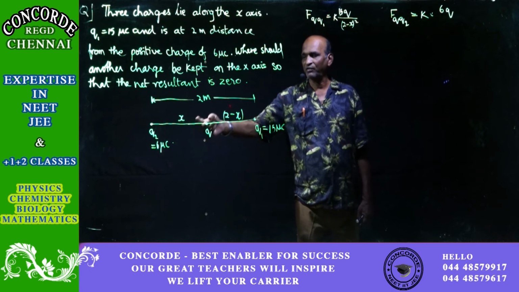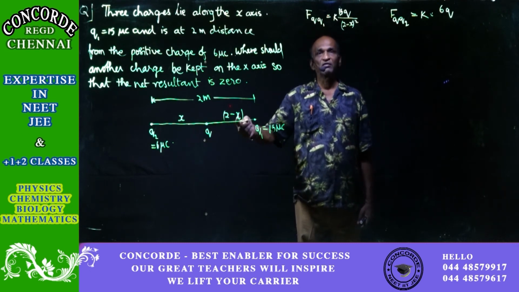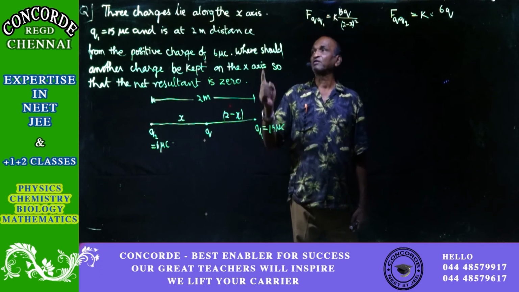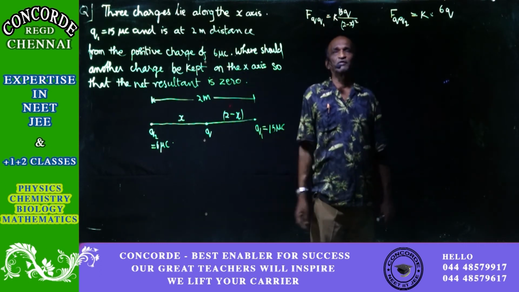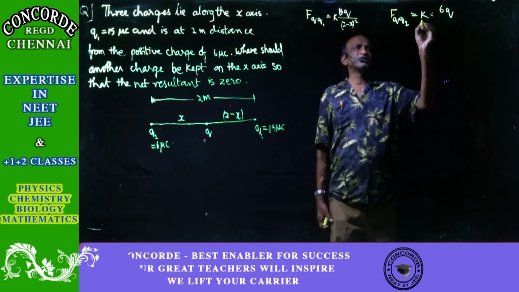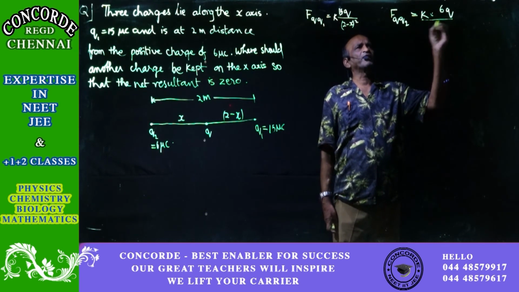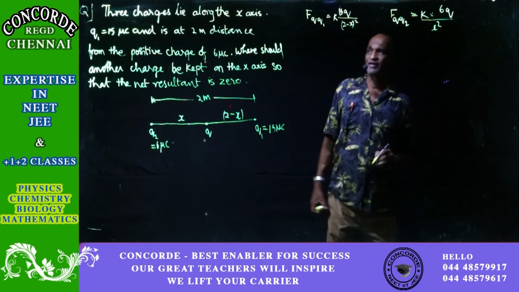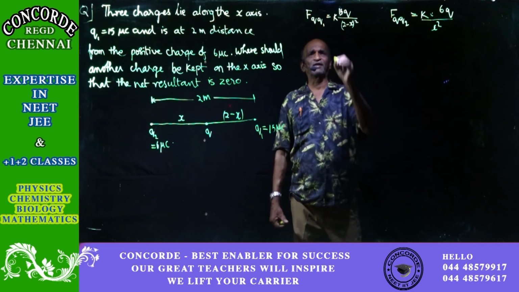Then if we add x and 2 minus x, they will cancel, only 2 meters will remain, which is given in the question itself. Alright. So divided by the distance square, so it will be equal to x square. So for cancellation, they should be equal to one another.